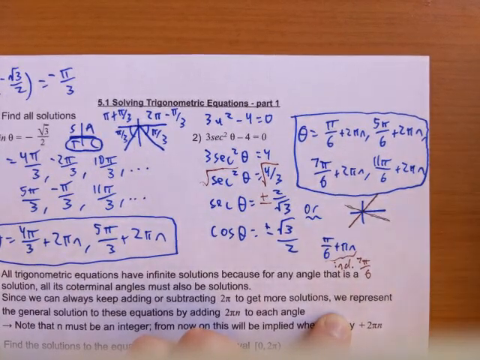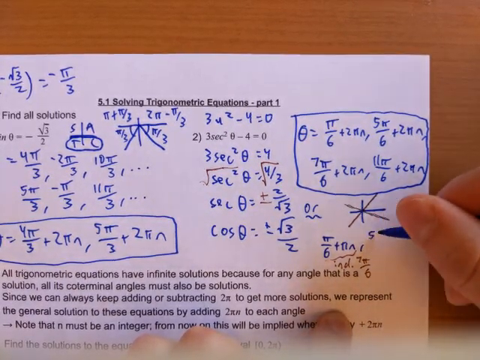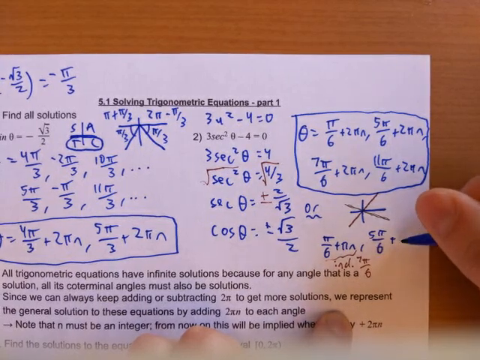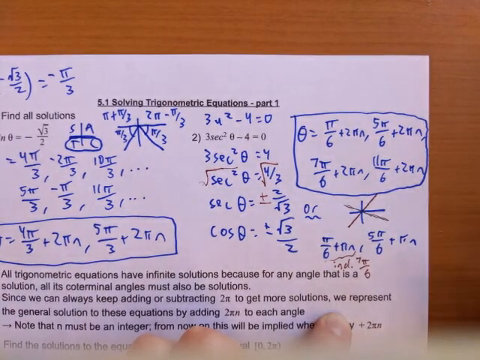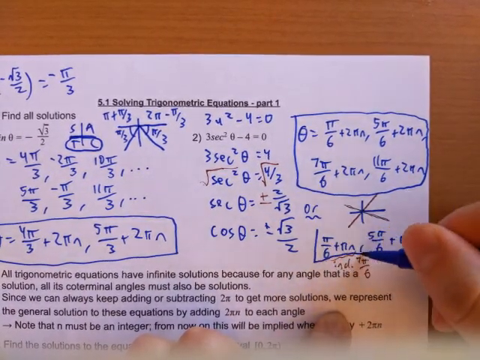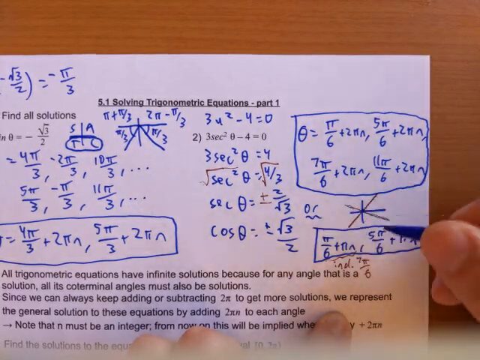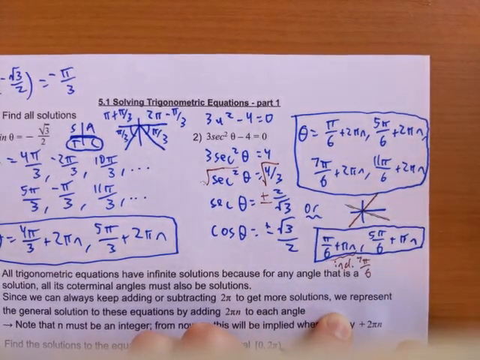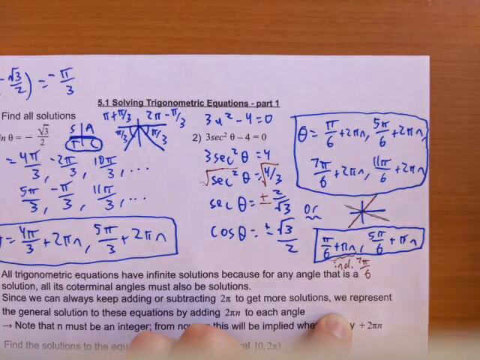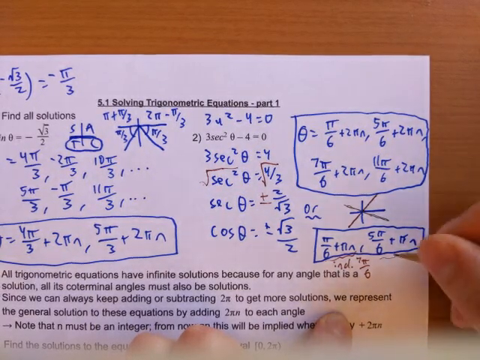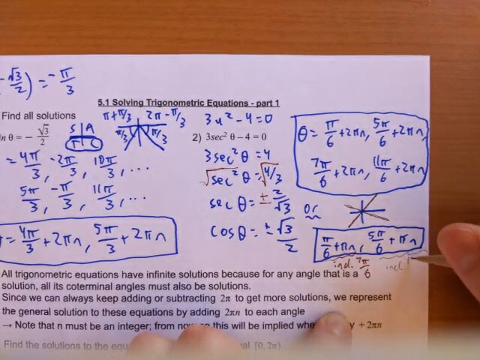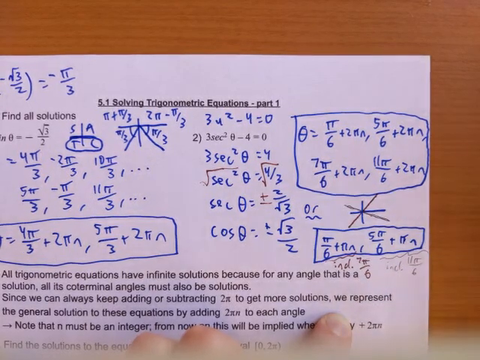And so I can say 5 pi over 6 plus pi n. And so these two right here are actually another way that you can write all those infinite solutions right there. Because again, this one right here would include that 11 pi over 6.